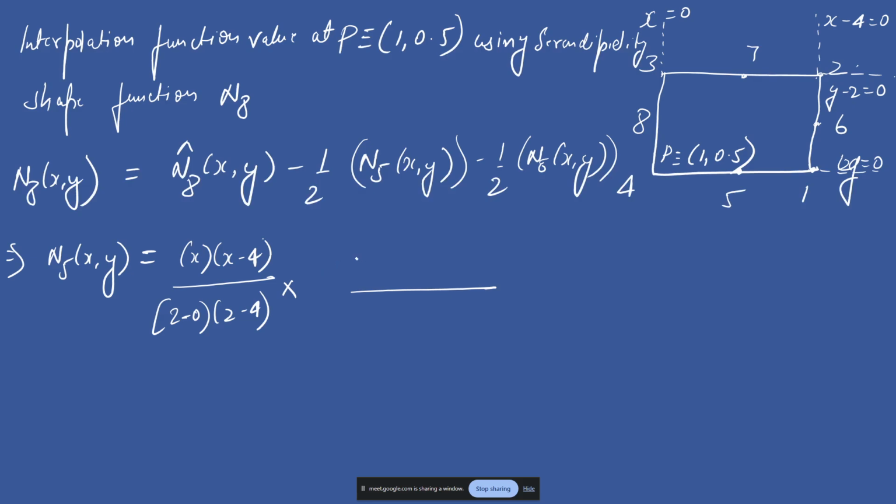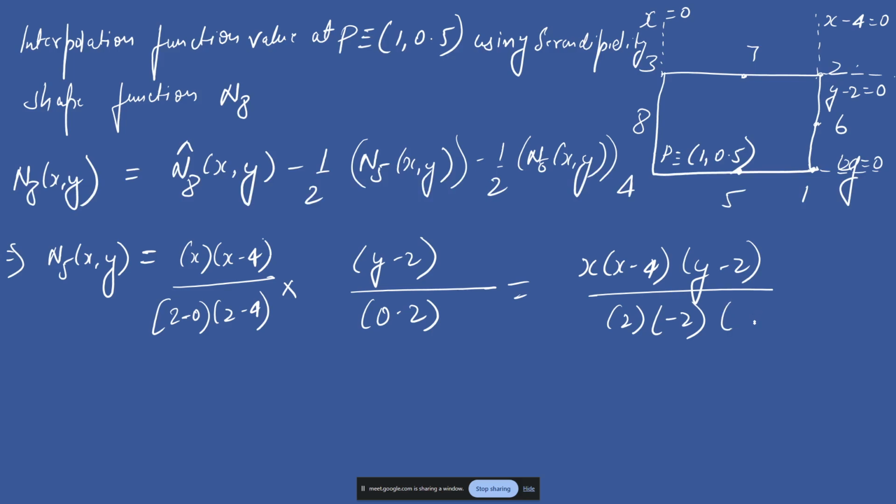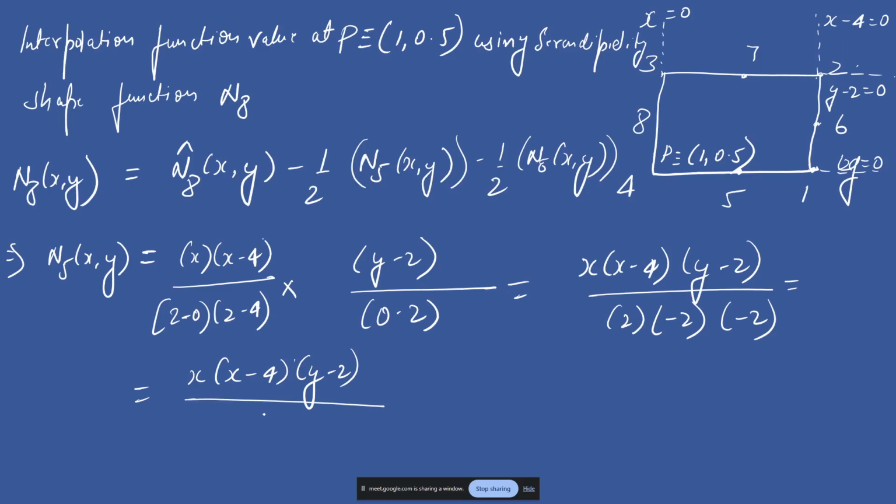Accordingly, for the y, you are having y minus 2, and it is basically 0 minus 2. So the final answer which will be x minus 4, y minus 2, 2 minus 2, and minus 2. X minus 4, y minus 2, and it's basically 8, right?